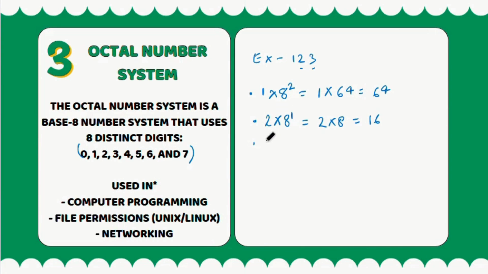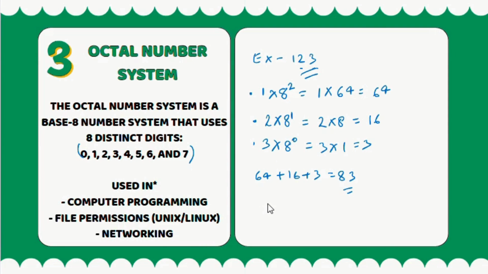Now next is 3. 3 into 8 to the power 0 is equal to 3 into 1 is equal to 3. Adding all this, 64 plus 16 plus 3, we get 83. So this is the decimal number for the octal number 123.